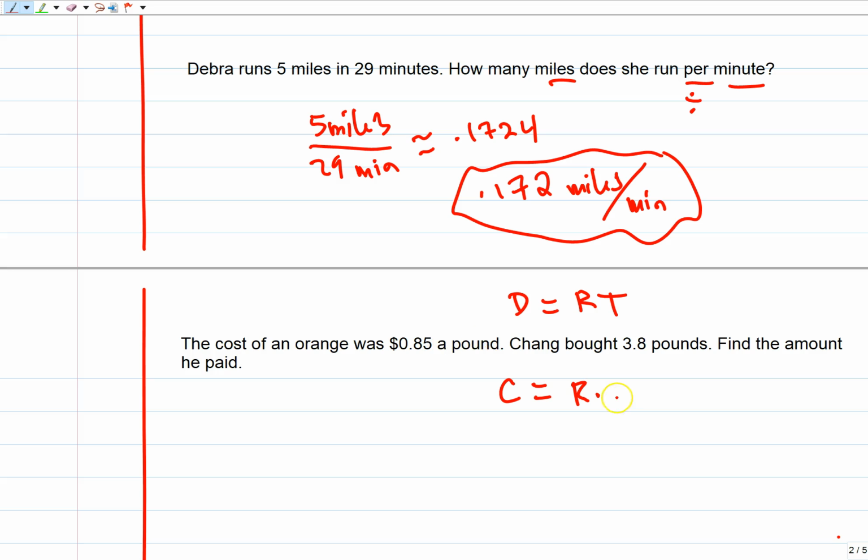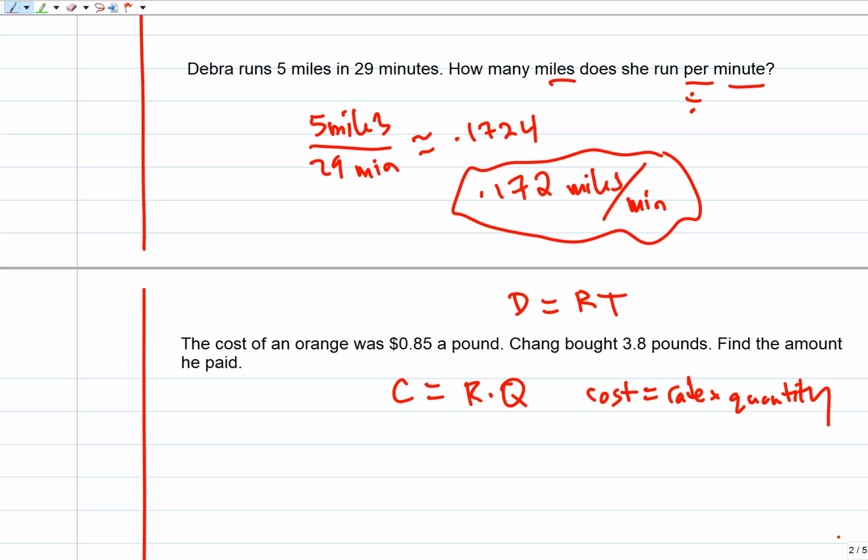Dollars per pound times pounds, quantity. Okay? So the cost is equal to the rate times the quantity.